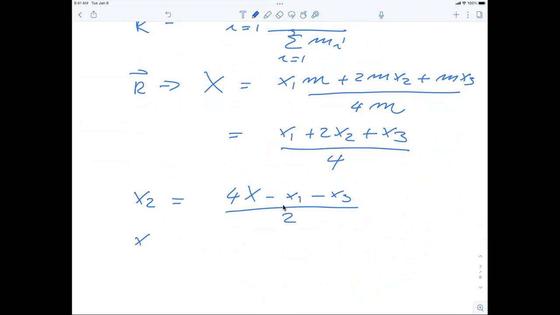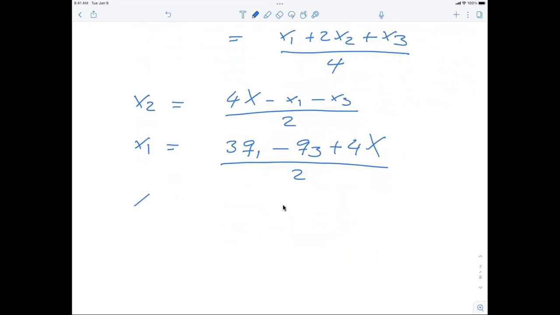I can show that x1 is equal to 3 times q1 minus q3 plus 4 times x, divided by 2. And similarly, x3 is equal to 3 times q3 minus q1 plus 4x, divided by 2. I hope I've done this correctly. I did double check it yesterday.